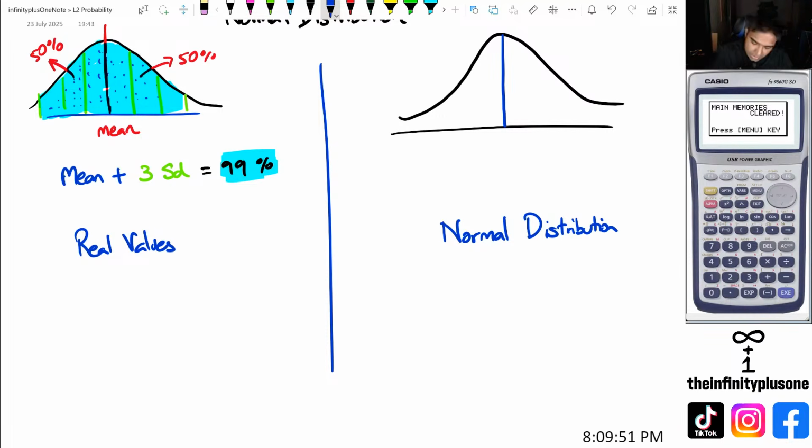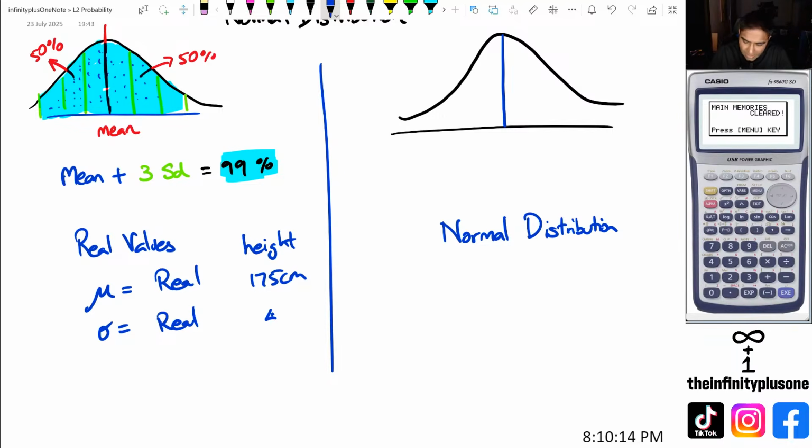Maybe it's probably just called normal distribution. But the key thing is that the mean, when it comes to the real values, is going to be a real value, and the standard deviation is going to be real. So if you look at, say, the height of people, on the real side your height is going to have an average, say 175 centimeters, and then the standard deviation is like 4 centimeters. Just throwing it out there, right?